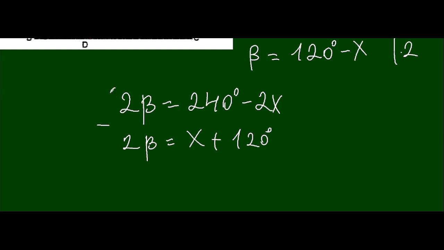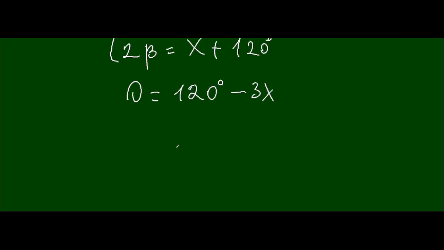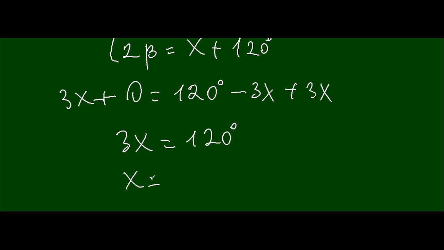So we can subtract here the simultaneous equations, and it will equal 0, and it will equal 120, this minus this, and minus 2x minus x will give us minus 3x, which is where we can add up 3x, and we'll get here 3x is equal to 120 degrees, and x here will equal 40 degrees.